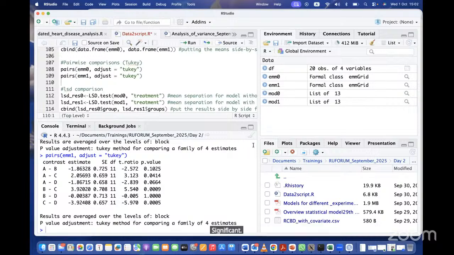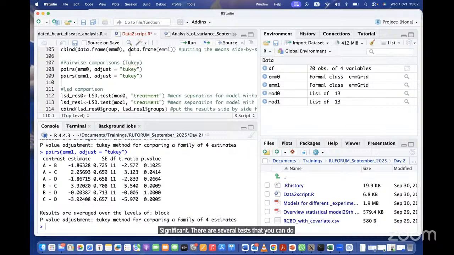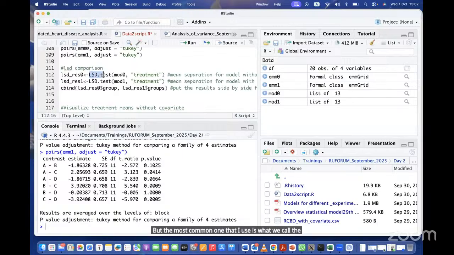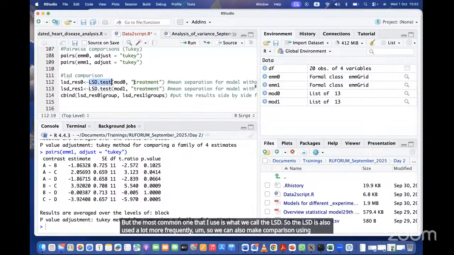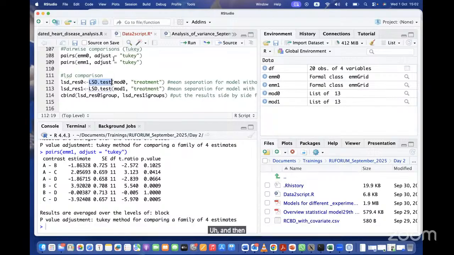There are several tests that you can do. One of them is Tukey's test, but the most common one that I use is what we call the LSD, which is also used a lot more frequently. So we can also make comparison using the LSD and then see the result compared to what we have up here.